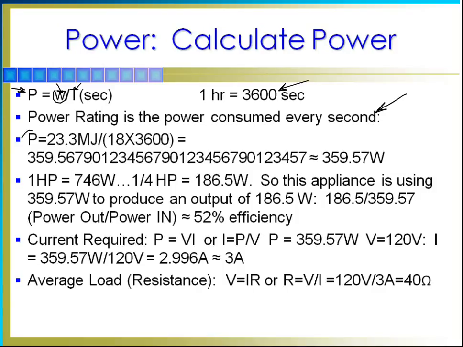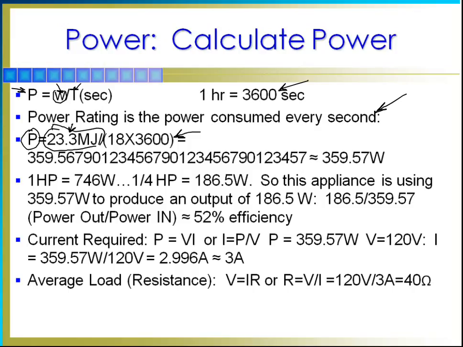Well, the power is going to equal 23.3 megajoules, so 23.3 million joules, over the number of seconds it used up this 23.3 megajoules of work energy. So 18 times 3,600.